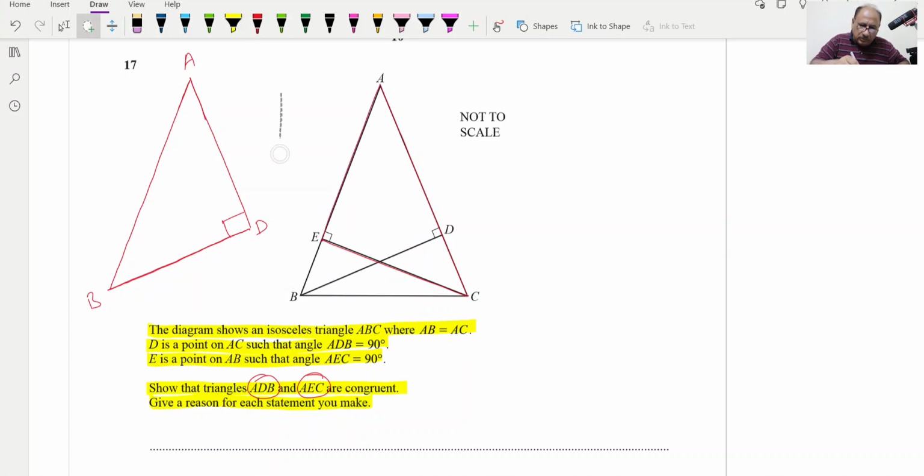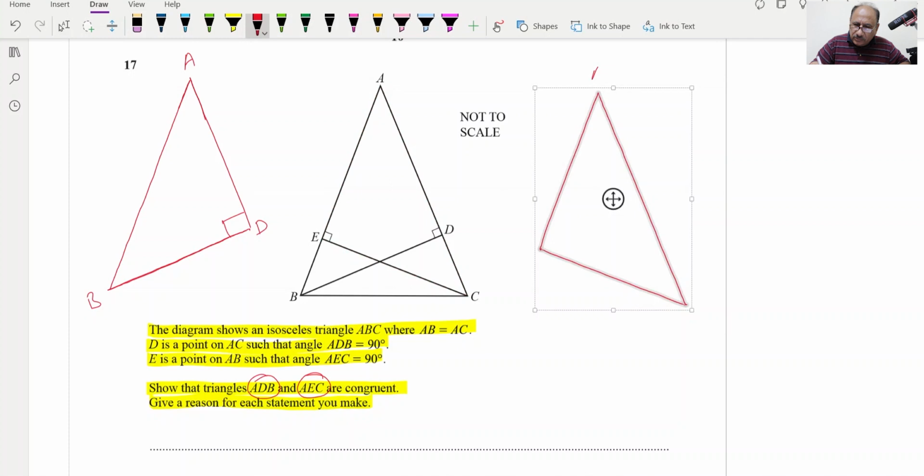This is basically the triangle, which is A and E, and this is C, and this is angle 90°. So these are the two triangles which we need to compare.